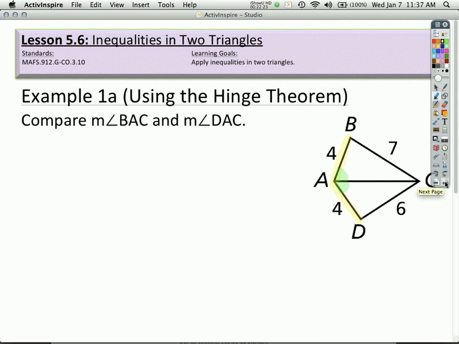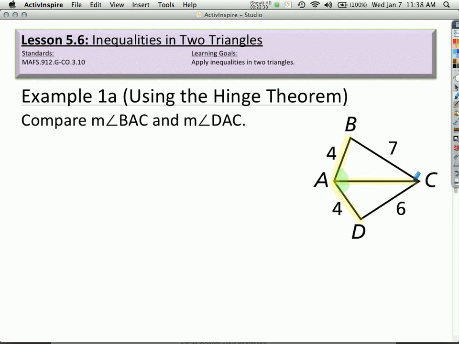Any thoughts, any concerns, any observations? Oh, some light bulbs have gone off. Stephanie, how do you know that? Beautifully said. This is the second pair of congruent sides because it's congruent to itself because of the reflexive property.